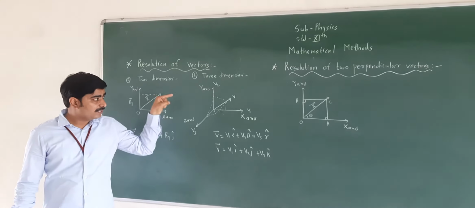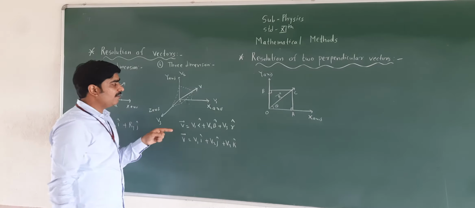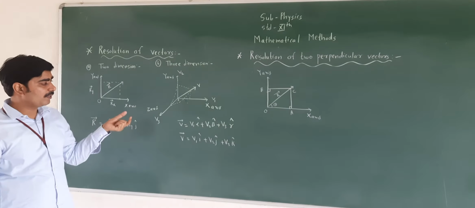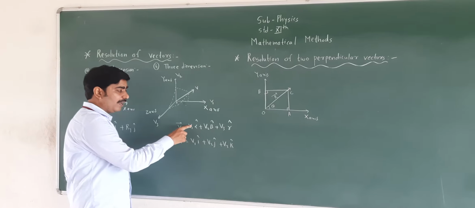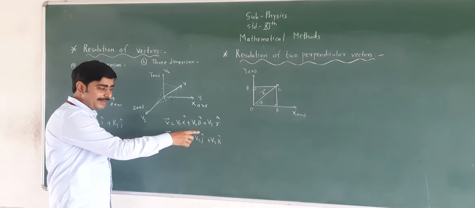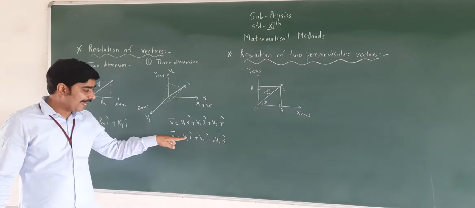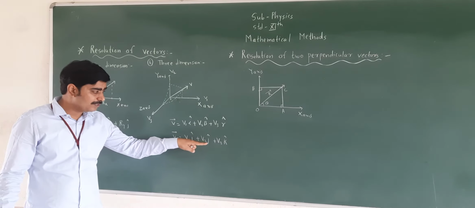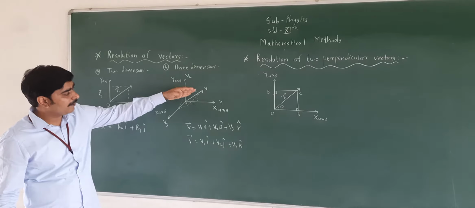Now for the three-dimensional, we can say that this is a vector v, and if we want to divide it into three components, then you can write vector v is equal to v1 alpha cap plus v2 beta cap plus v3 gamma cap, or you can write v1 i cap plus v2 j cap plus v3 k cap. It means the vector v is divided into three parts.